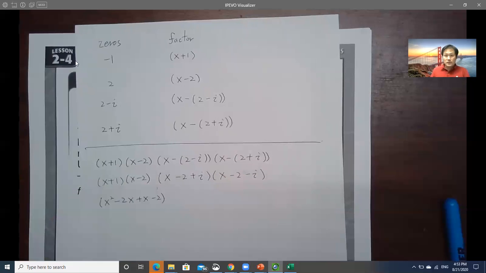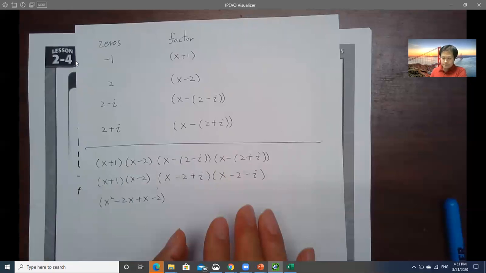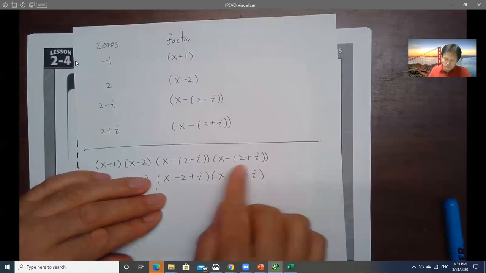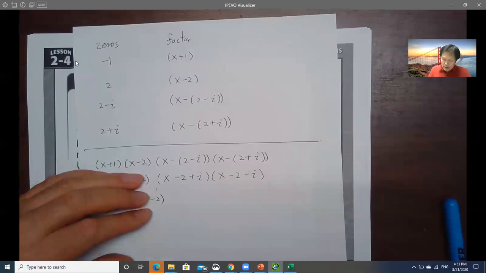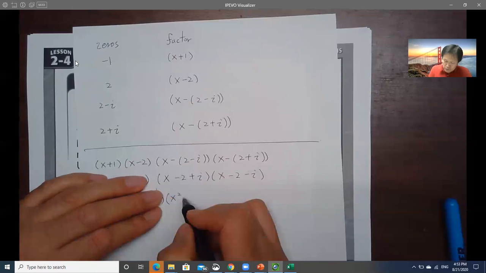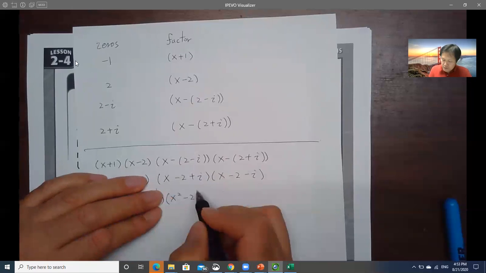Here are some options I'm going to show you. Option number 1, just distribute. x times x, x times minus 2, x times minus i.